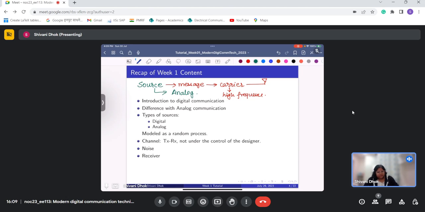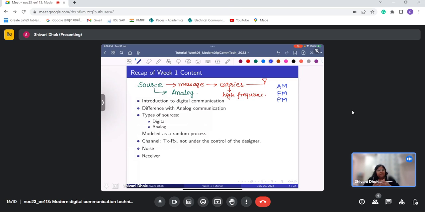This analog communication can be done in three ways. One is amplitude modulation, where you modulate your message signal on the carrier's amplitude. Next is frequency modulation, where the frequency of your carrier changes based on your message signal. And next is phase modulation, where the phase of your carrier changes with respect to the message. So these are three important and conventional analog communication techniques.